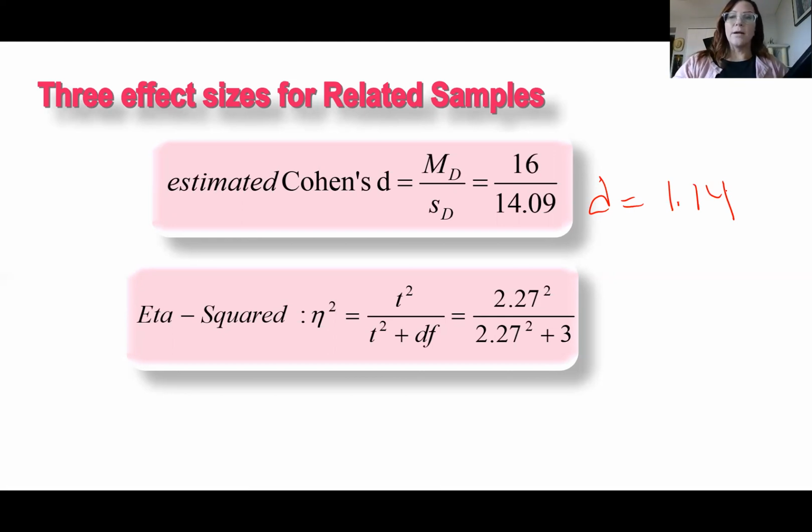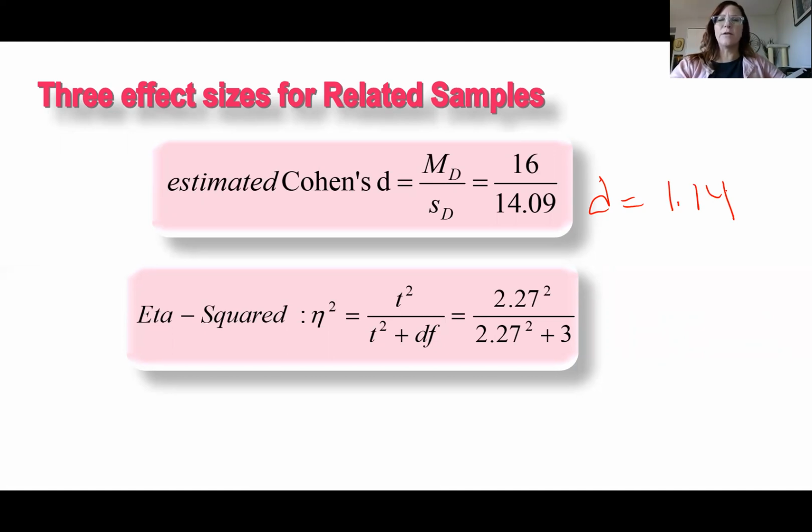Our eta squared, now we're gonna be using the t obtained, and this is one of the reasons why I recommend your Cohen's d, because if you get your test statistic wrong, then you get your effect size wrong too. So Cohen's d gives you kind of a second chance for getting more points. So your t obtained squared divided by the t obtained squared plus degrees of freedom.